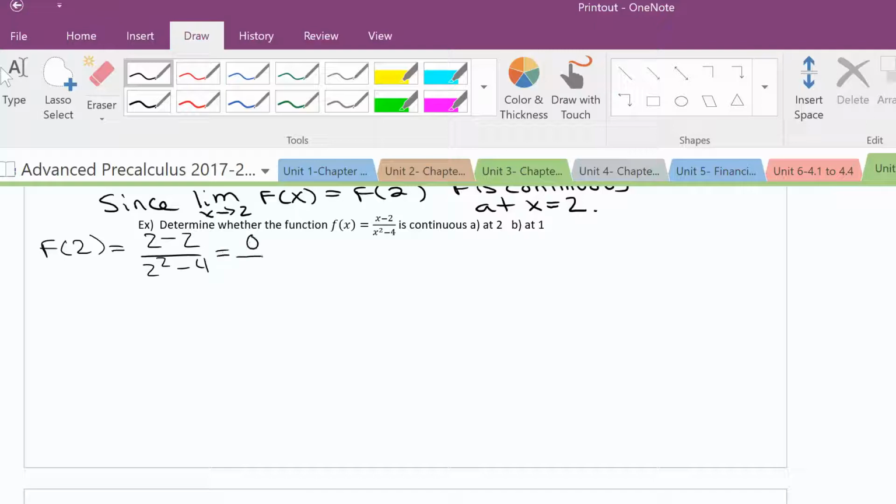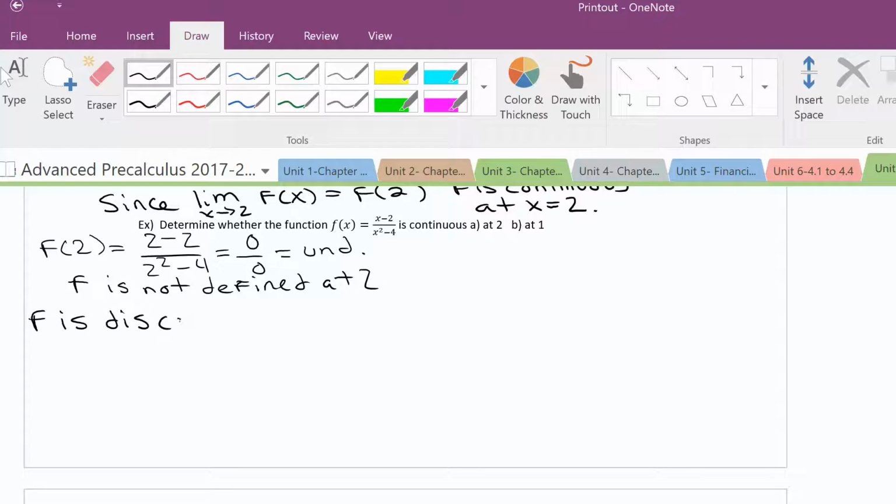So you get 0 over 0, which is undefined, which means f is not defined at 2. That's a better way to say it. Which means the function is discontinuous at x equals 2.